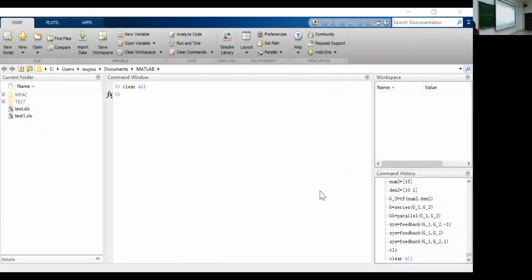Okay, but here, just open the parameter of the step block. We know here are some parameters maybe we need to adjust. The first, step time, means when does the step happen.